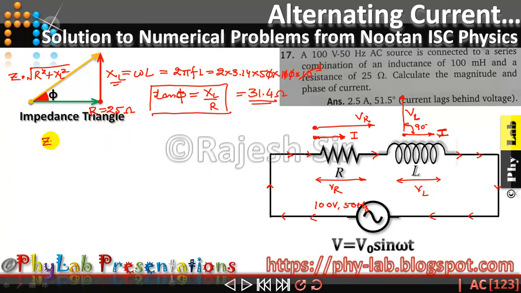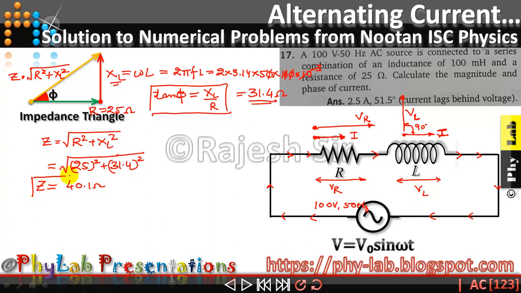I can easily calculate Z now as the square root of R square plus XL square, that is the square root of 25 whole square plus 31.4 whole square, and on solving this it comes out to be 40.1 ohm. Students, take the help of a calculator, you will find Z to be 40.1 ohm.